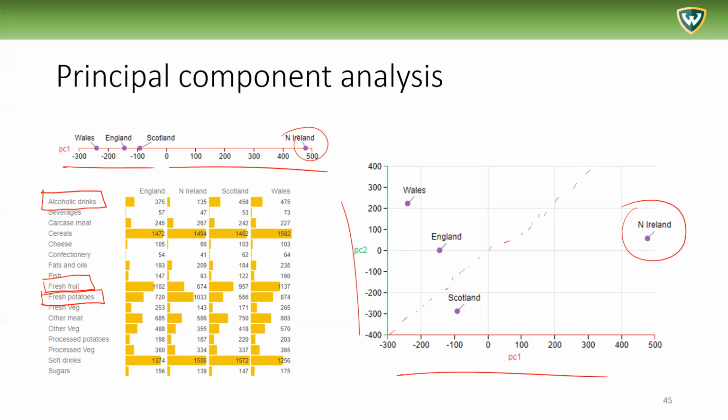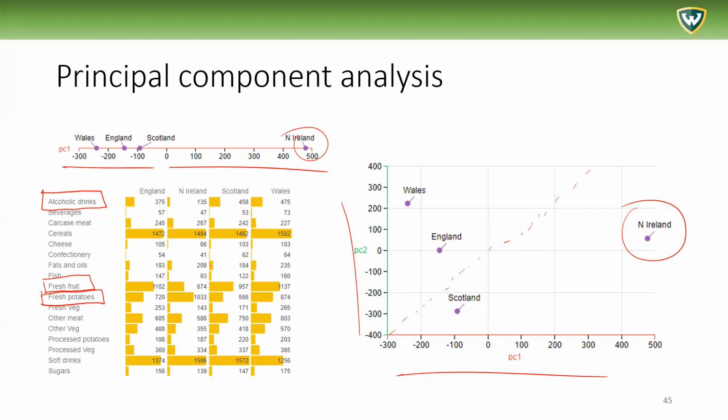So what principal component analysis is doing is maybe taking these three variables and emphasizing them to show you the difference across these four countries. Now, the thing is, we don't really know what variables are actually being selected by the principal component. And that's one of the shortcomings.